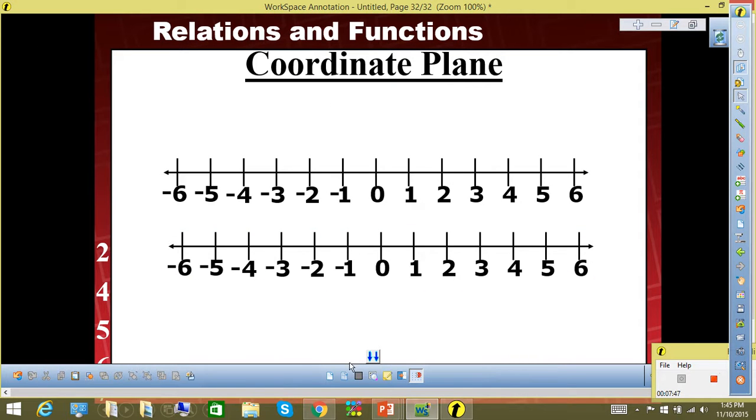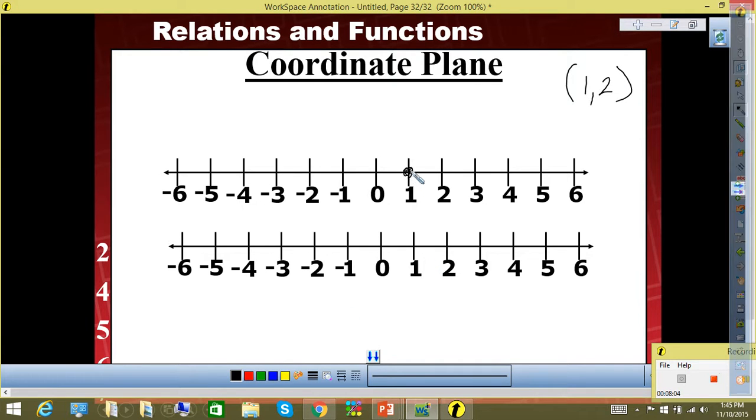But you're saying, isn't this confusing, guys, if we have them just stacked up like that? Because what if I asked Marcos and I would say, I want to plot 1, 2. So let's say Marcos said, well, I'll plot 1 here, and I'll plot 2 over here. But then Jimmy says, well, I don't like it like that. I'm going to plot 1 over here and 2 over here.